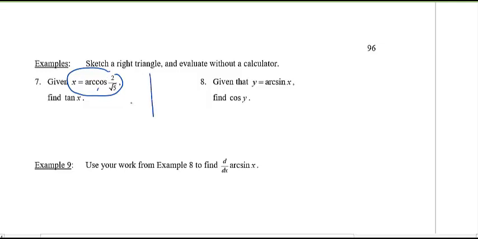So think about it as a picture. What angle, when I take the cosine of the angle, gives me a ratio of 2/5? Well, cosine is defined as x/r. So x is 2. R must be √5. And then because this is a right angle triangle, we can then figure out the missing side length here. I'll call it y. And if you said y equals 1, I'm happy.